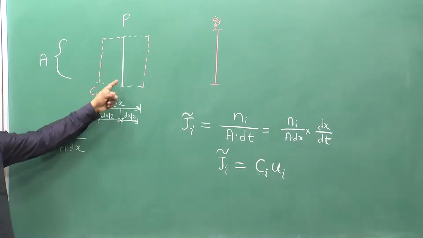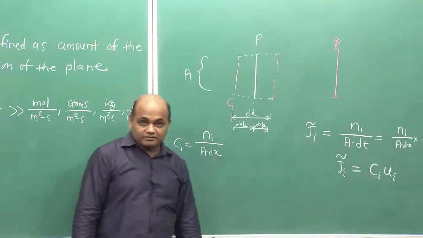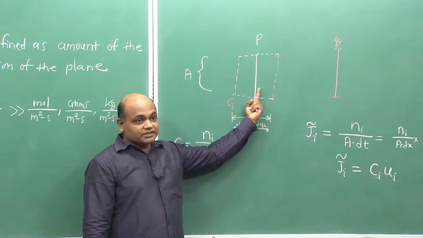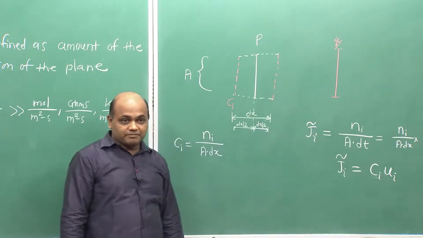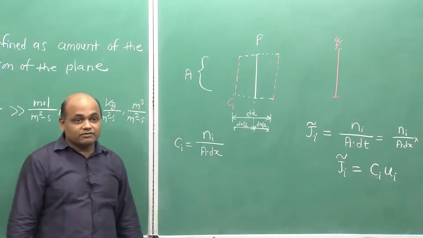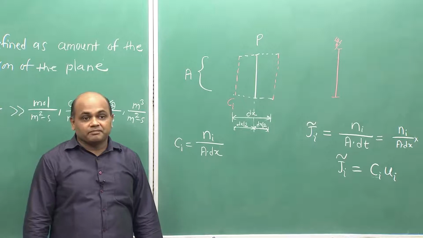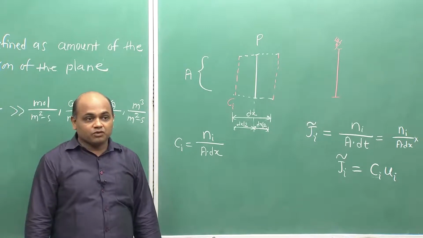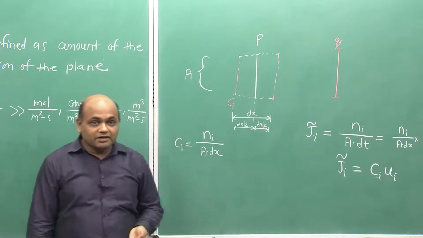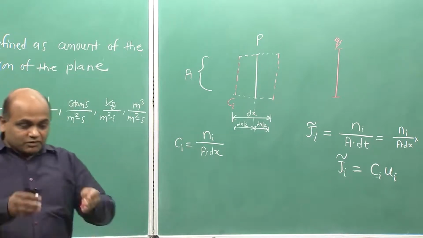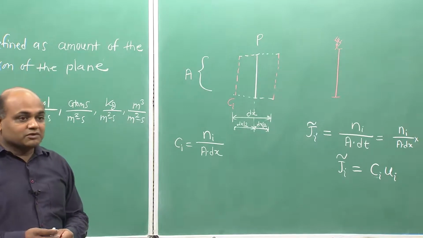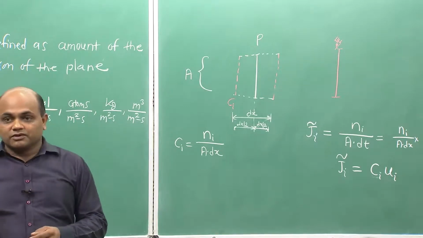Now, suppose plane P was also moving. In this case we are considering plane P stationary with respect to our lab fixed frame, but what if the plane P is moving? Would the flux still be same? No, right. So, consider an analogy. For example, you are standing on the median of a road, and your job is to count the number of vehicles crossing you on one side of the road.